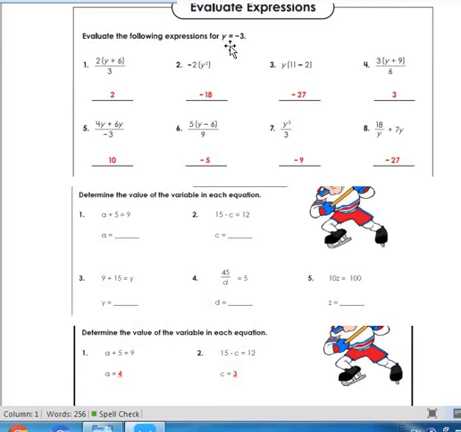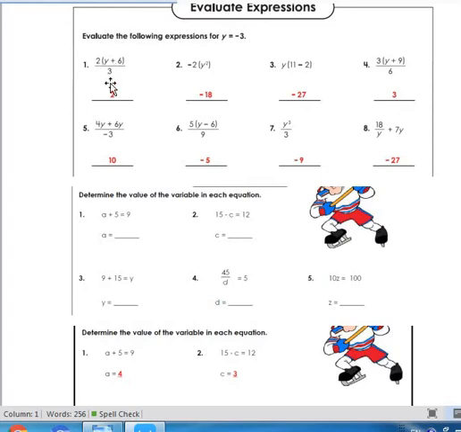For y I put instead -3. So you have to substitute -3 instead of y: 2 open bracket, -3 plus 6, close the bracket, all over 3.